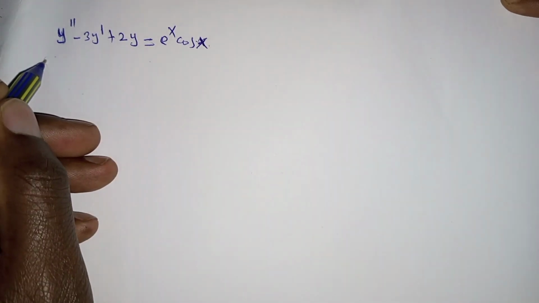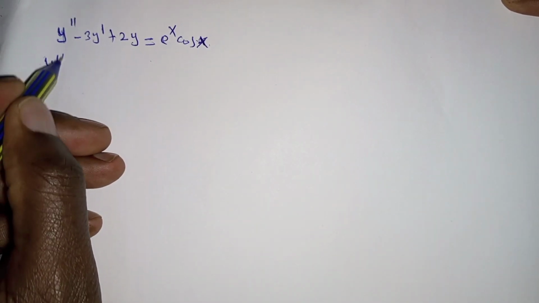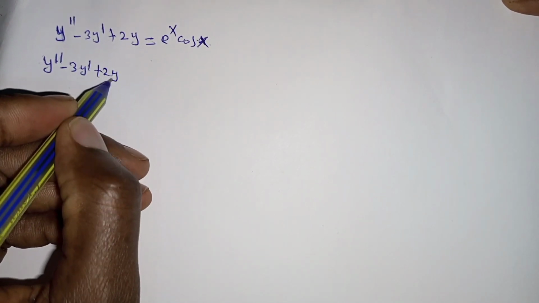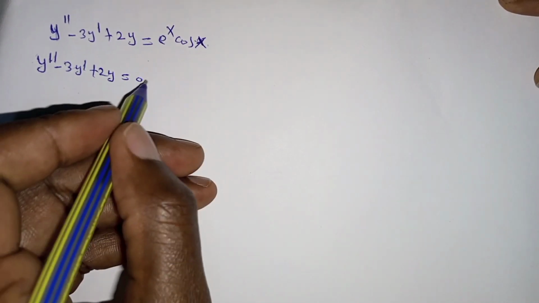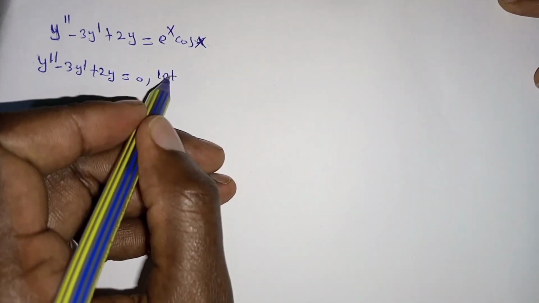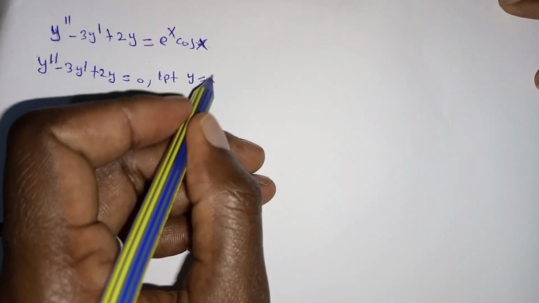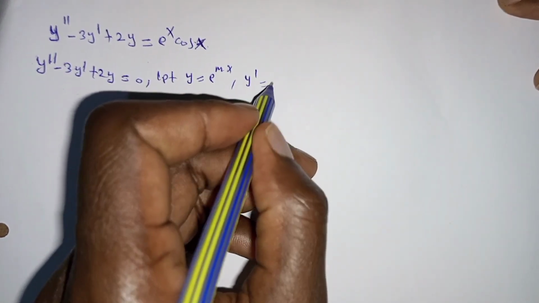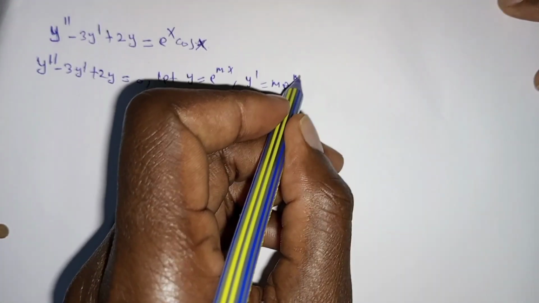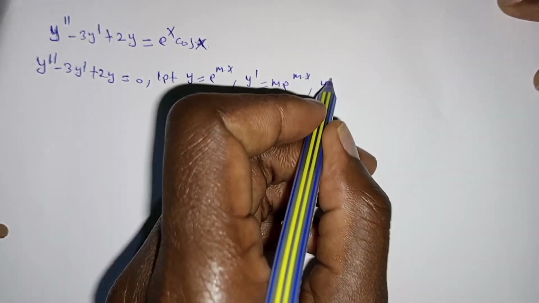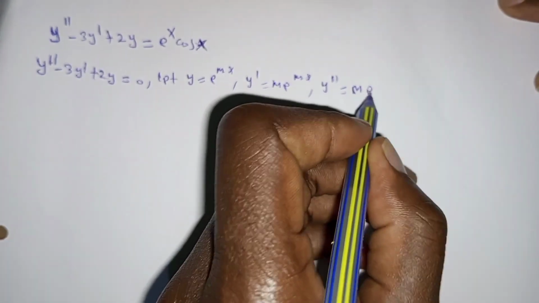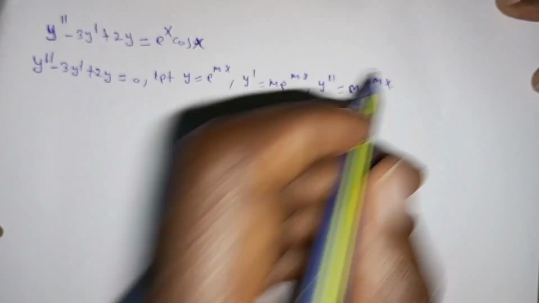So for the complementary part, the reduced form will be y double prime minus 3y prime plus 2y, which is equal to 0. So to solve this, we let our y to be e^(mx). We differentiate y once to get m e^(mx), and we differentiate y twice to get y double prime, which is equal to m squared e^(mx).